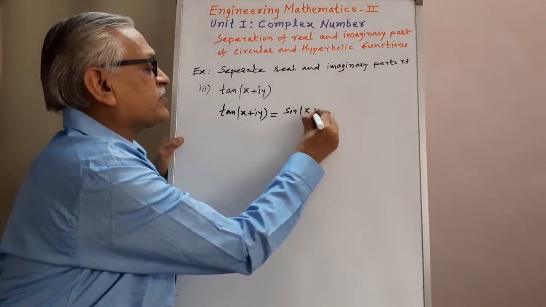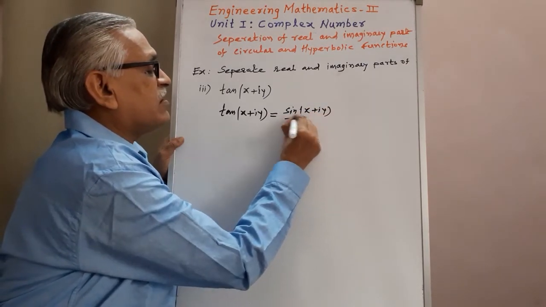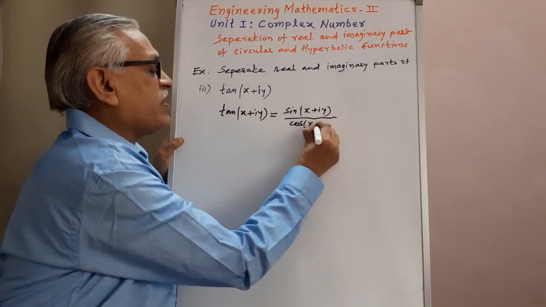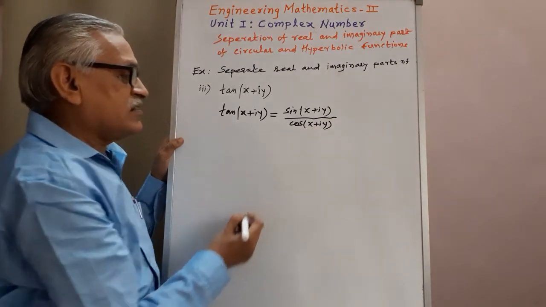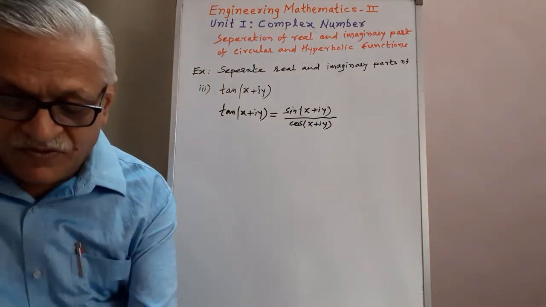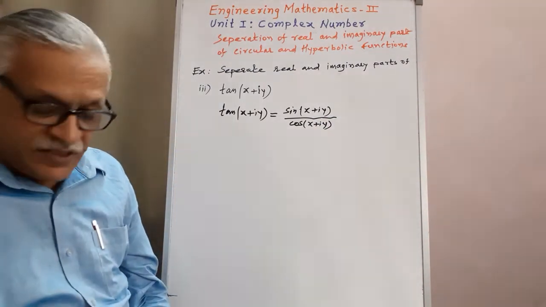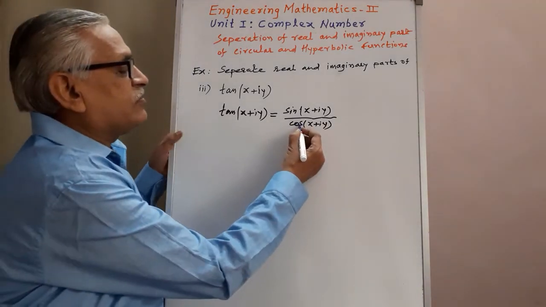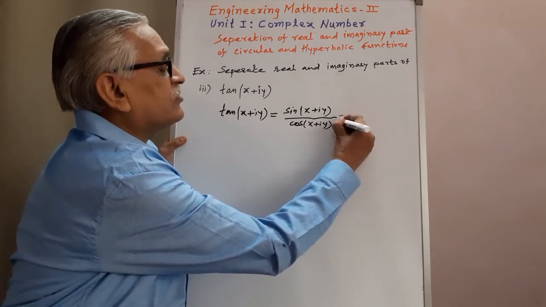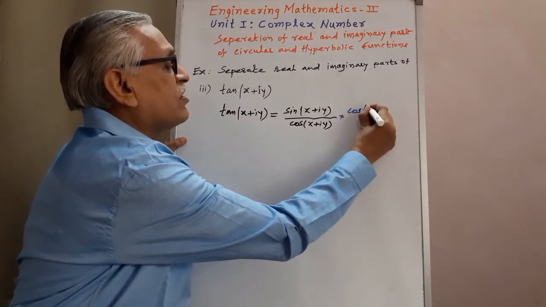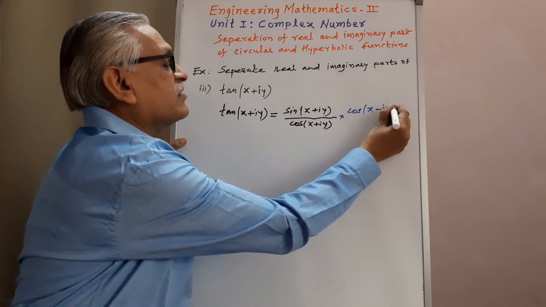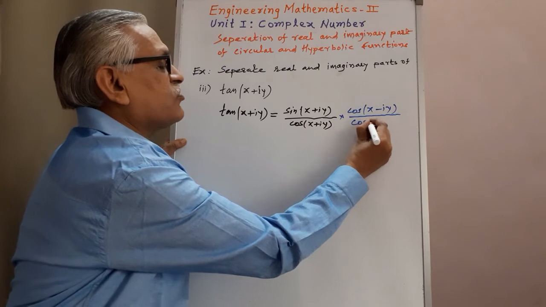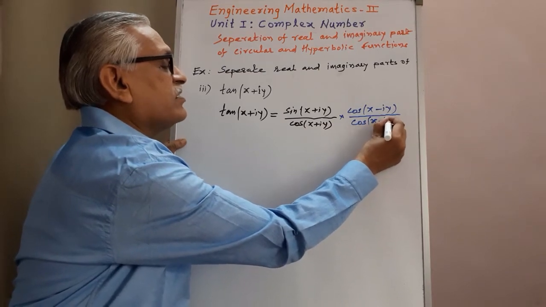Therefore sine of x plus iy divided by cos of x plus iy. Then to simplify it further, we multiply and divide by the conjugate of this term. Its conjugate is cos of x minus iy, divided by the same term cos of x minus iy.